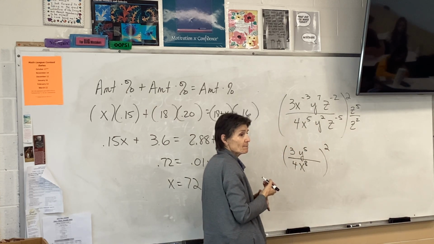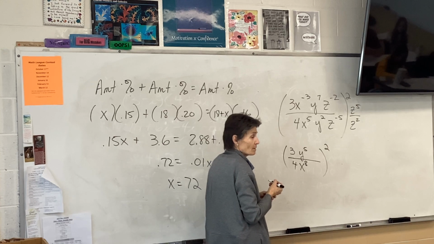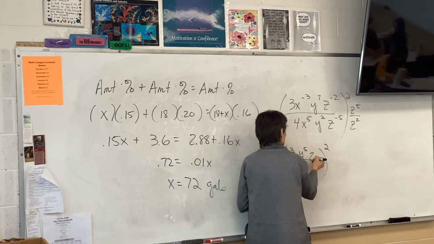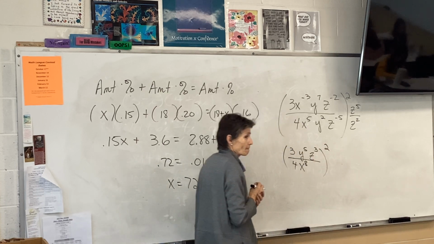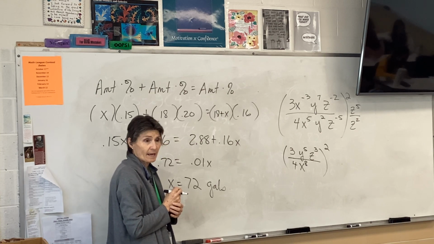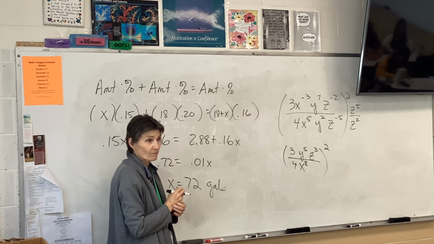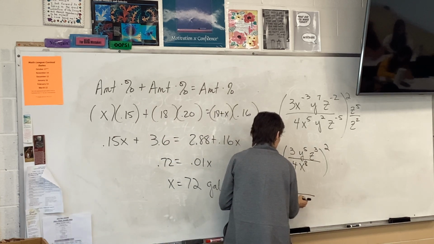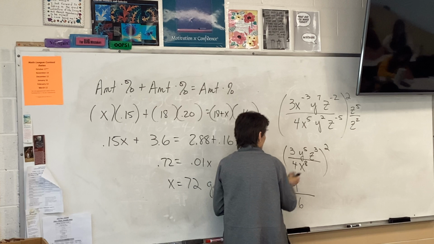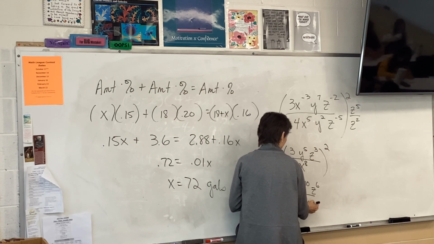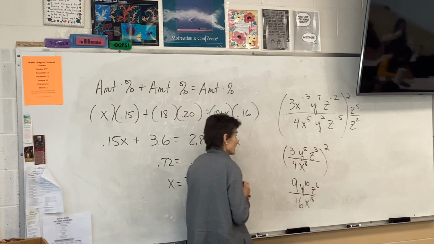So what's that going to leave me with? That's going to leave me with 3 on the top. And now I can actually square everything. So that's going to be 9 and 16. And then I multiply my exponents, so y to the 10th, z to the 6th, over x to the 16th.